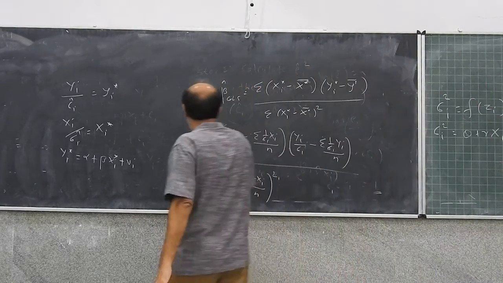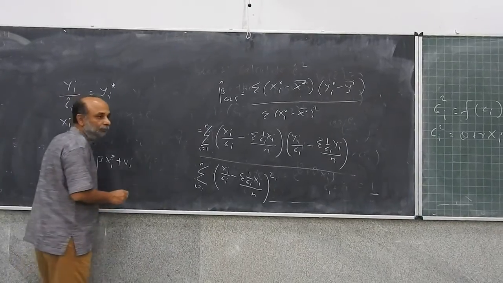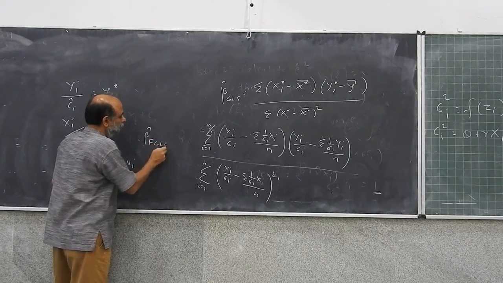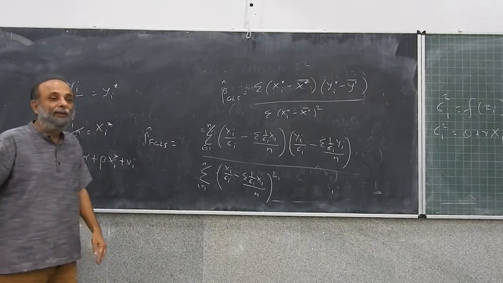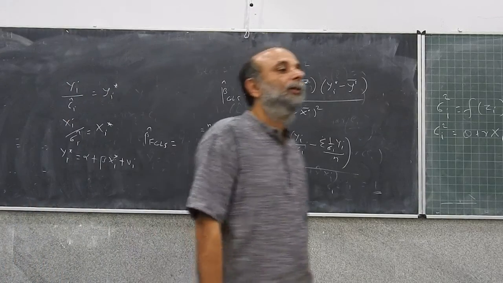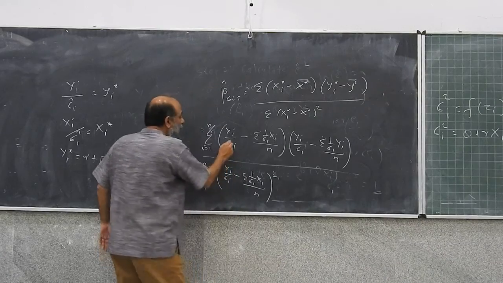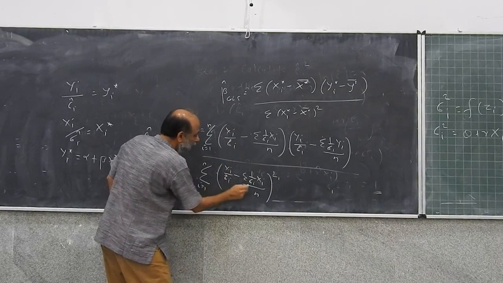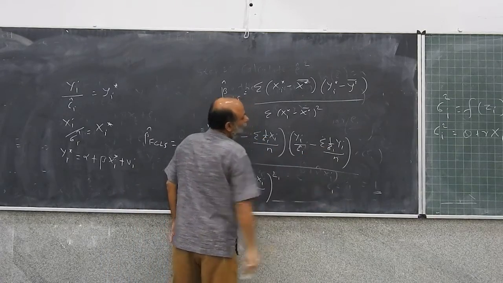Now, how will you make the beta hat FGLS in this? How will you get the beta hat FGLS? Exactly. So by now you have estimated sigma hat i, no? So instead of this, put a hat.